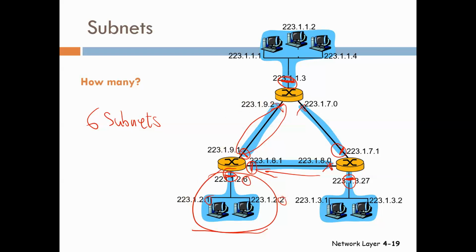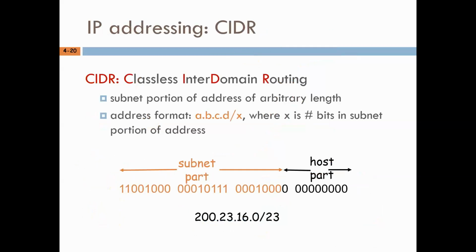The subnet mask for those 6 subnets, you can actually count the number of bits that are common. These are the first 3 fields of 8. So the subnet mask, in this case, for all the 6 subnets is actually 24 bits. The notation is /24. Okay? That means that the subnet mask is 24 bits.